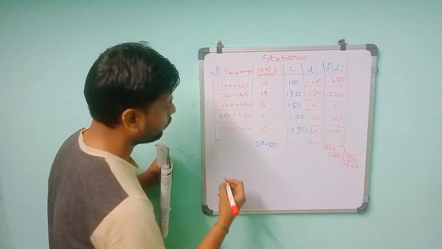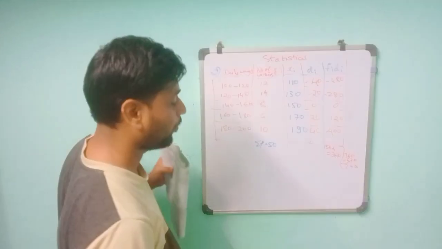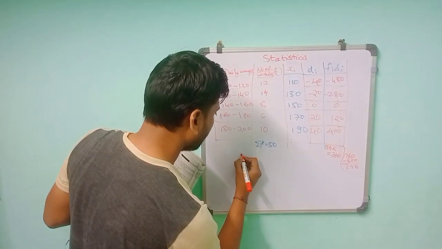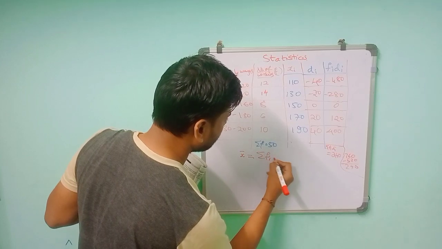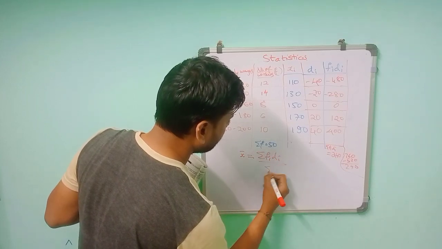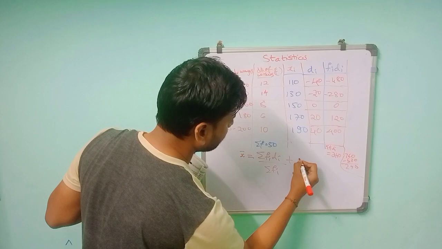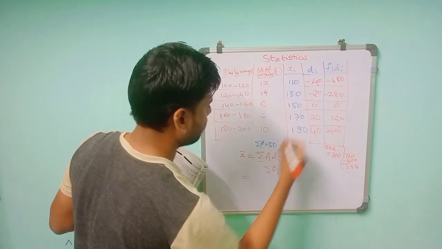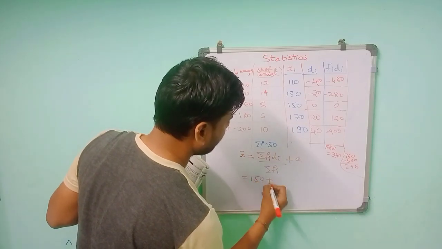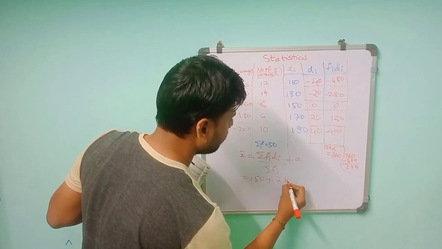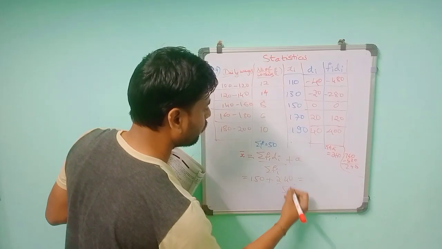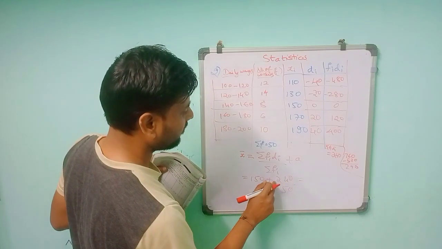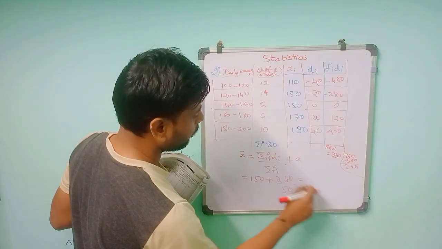So the assumed mean method is also called the appropriate method. The formula is x bar is equal to sigma fi di divided by sigma fi, plus a. So a is 150, then sigma fi di is 240 divided by 50. If you cancel, the 0 will be cancelled. So 5 8s are 40.